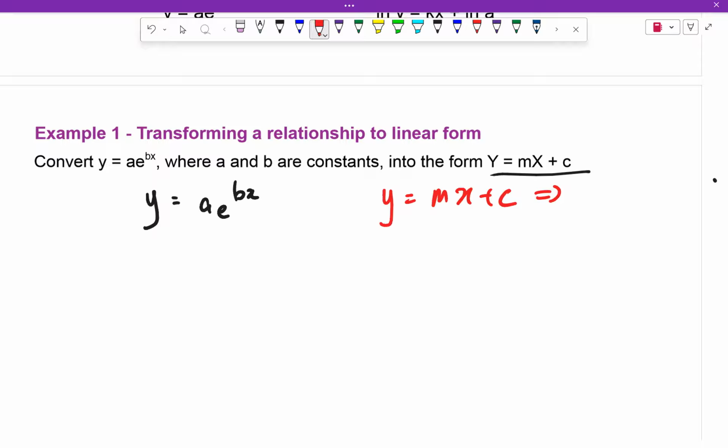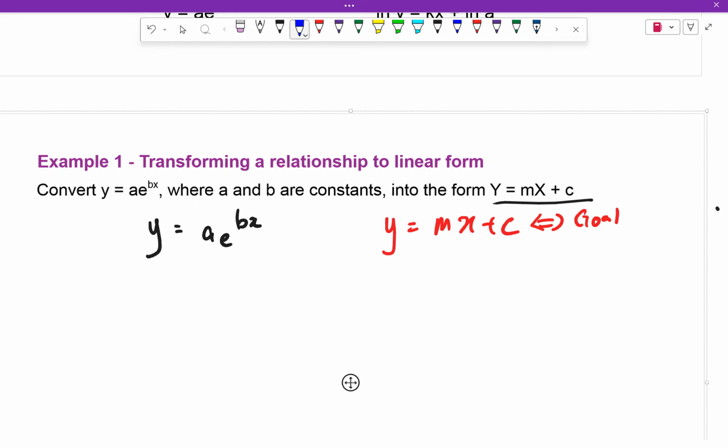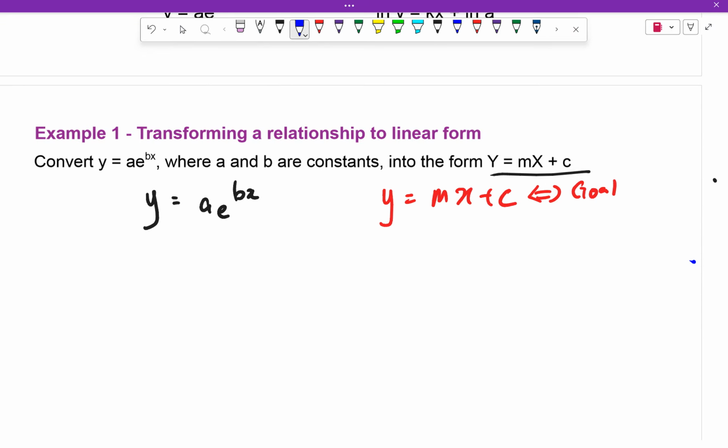Okay, 这个是我们的 goal. We have to achieve. So what we can do is that we can first ln on both sides. So that results into 我们的 ln of y equals to bx ln of ae.